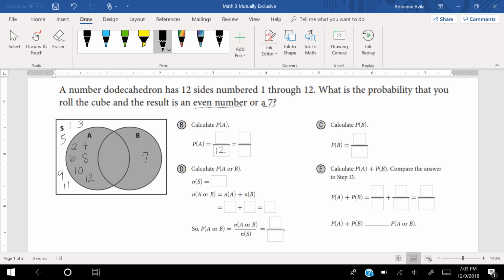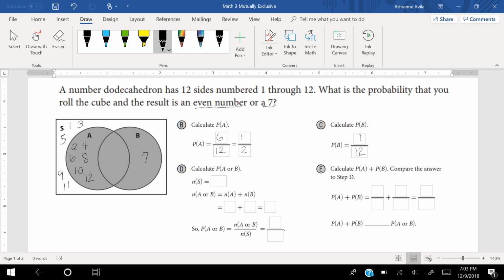If I count up the number of favorable outcomes in event A, there are 6 different options for even numbers. When I simplify, I get the probability of rolling an even number is 1/2. Now I want to calculate the probability of getting a 7. There's only one of the 12 options to get a 7.